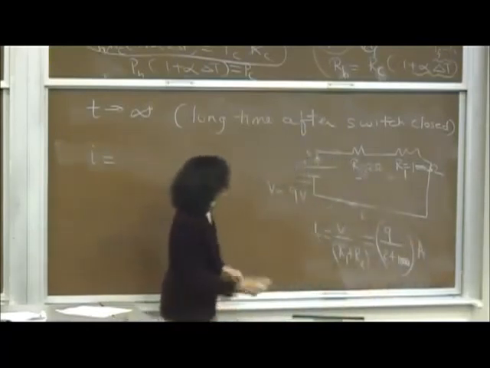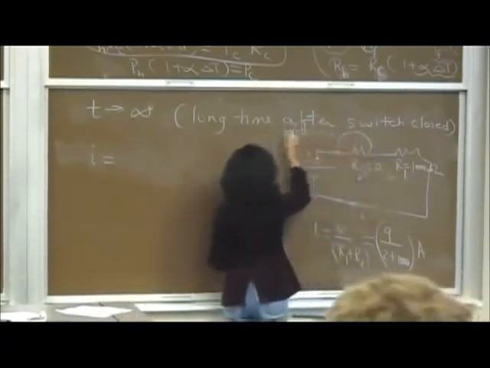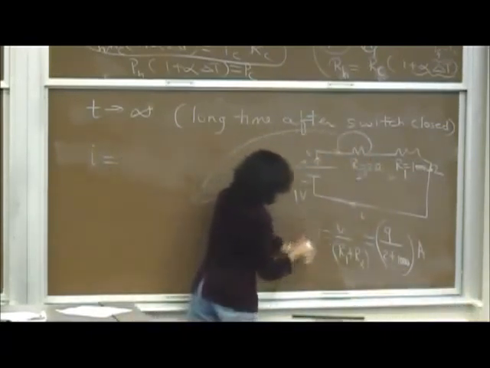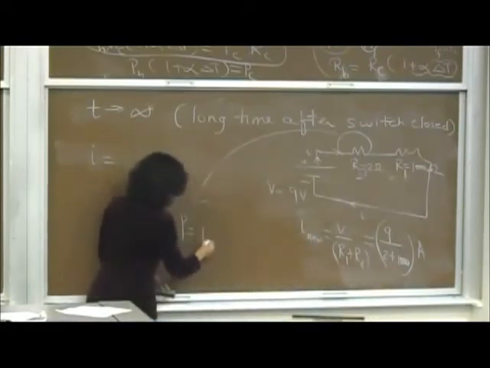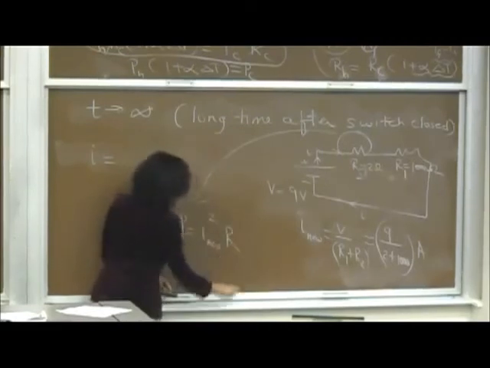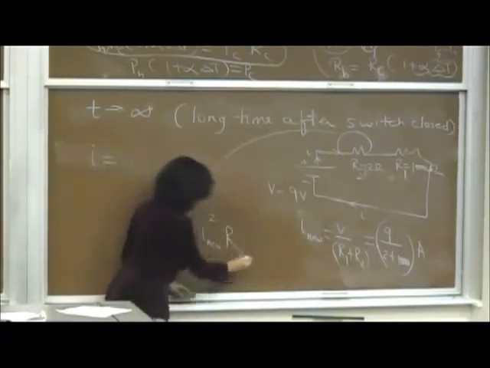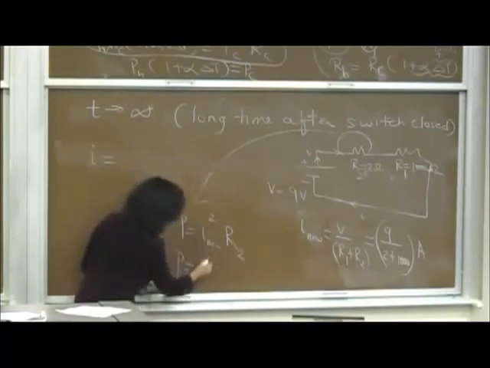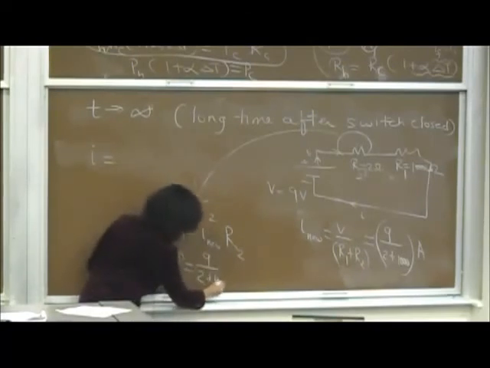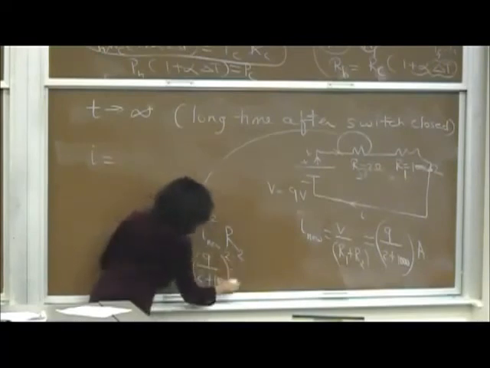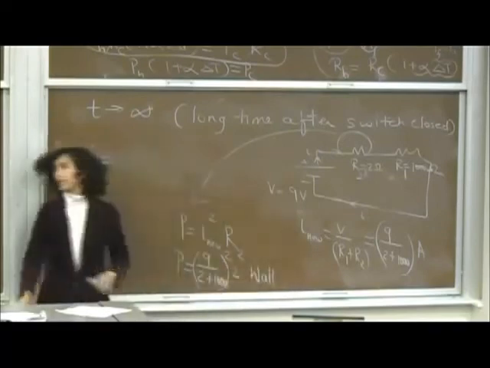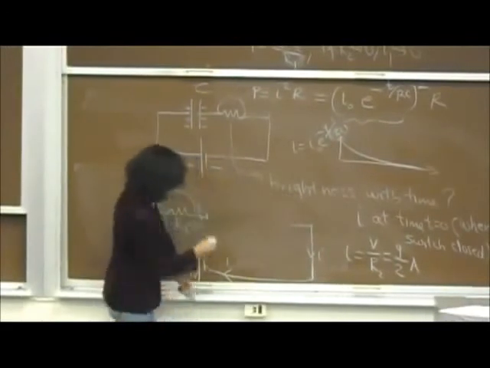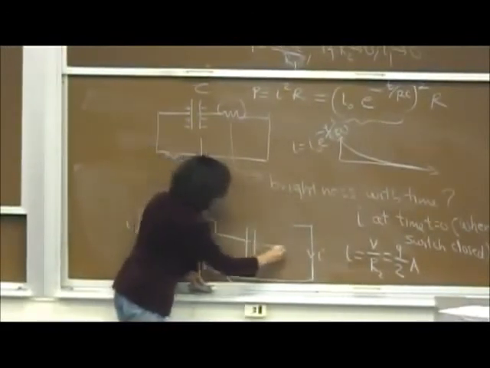And in this case, the power dissipated through this resistor, let's call this I new. So the power dissipated will become I new square times R2. So I new will be 9 divided by 2 plus 1000, square, times R2, which is 2, this many watts, as opposed to in the previous case was this one, when you had this capacitor in the circuit.